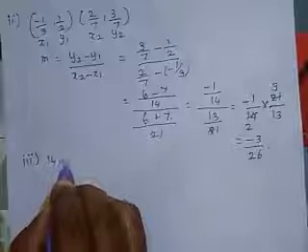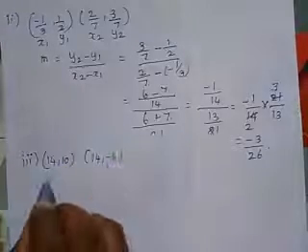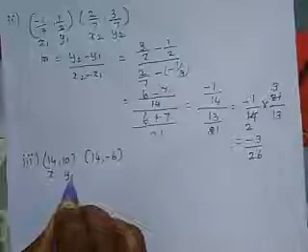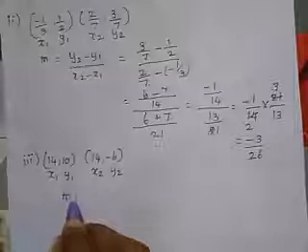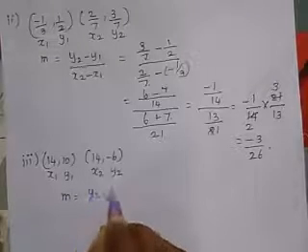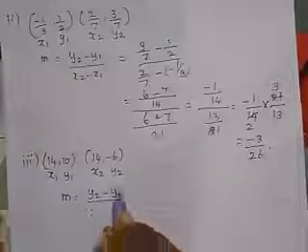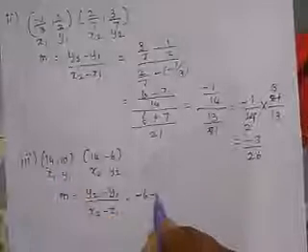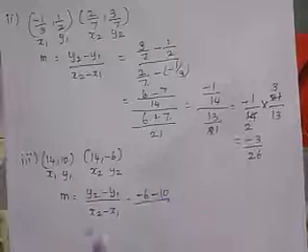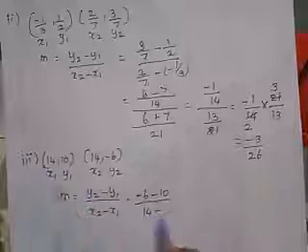14, 10 and 14, minus 6. Take the points x1, y1, x2, y2. M is equal to y2 minus y1 by x2 minus x1. Here y2 is minus 6, y1 is minus 10, x2 is 14 minus x1 also 14.